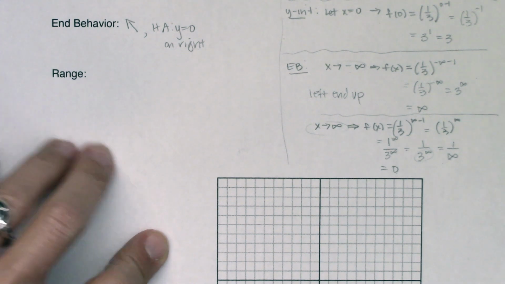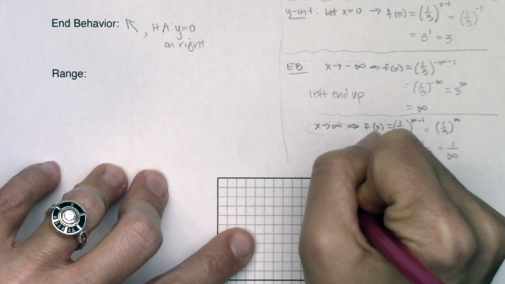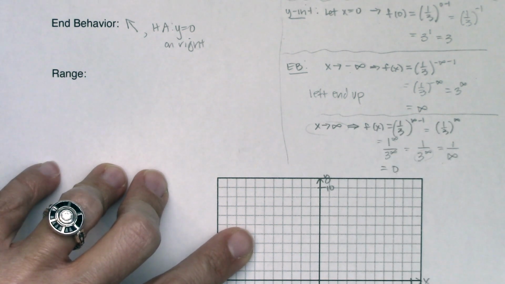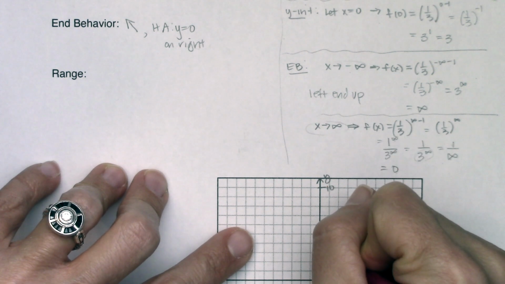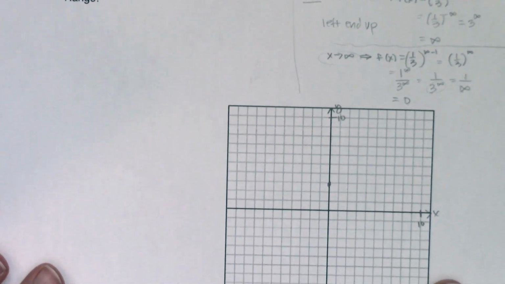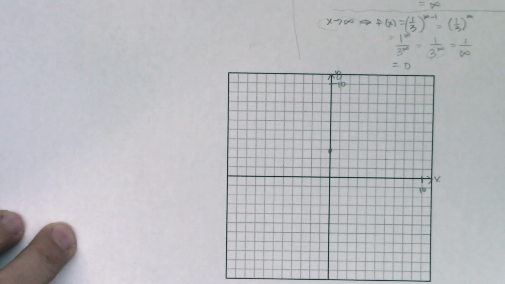Now, just taking a look, anytime you have exponential growth or decay, I'm going to scale these a little bit larger. I'll make these each worth 10. Let's see, our y-intercept is at 3, 0, 1, 2, 3. I had left end up. Let me scooch this so we can see it all. And I had right end with a horizontal asymptote of y equals 0.